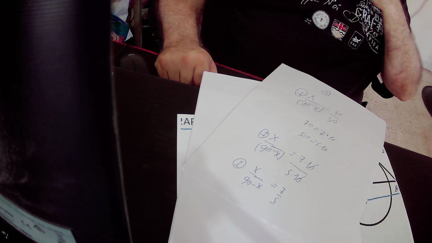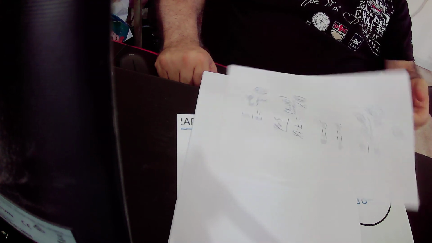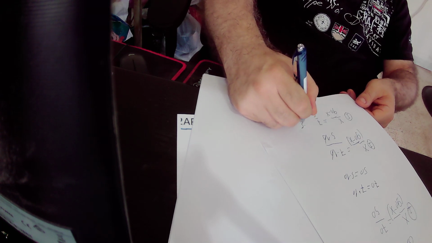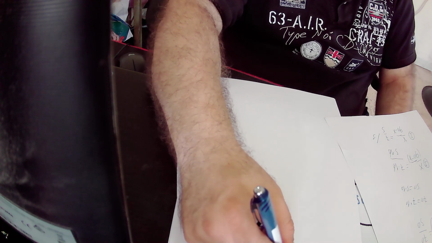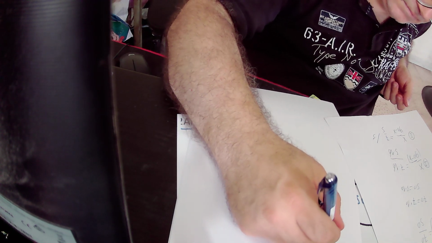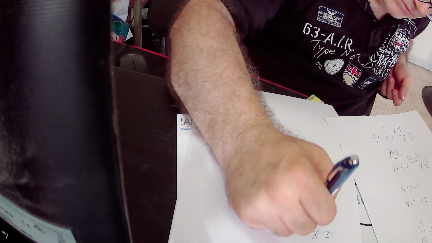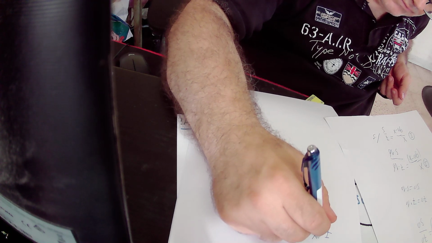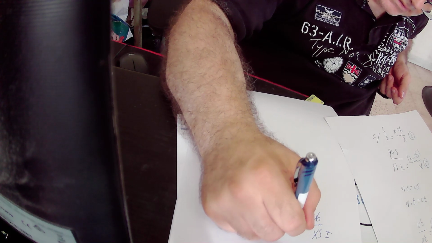So we can multiply by 5 both sides of the equation. We will get that 5x over 90 minus x equals 7.